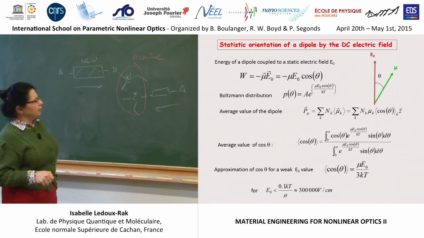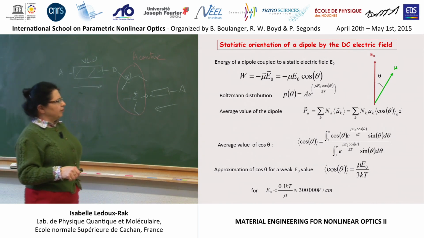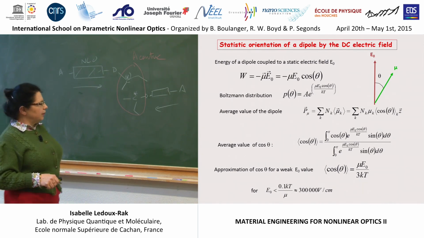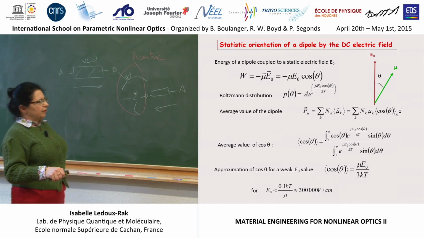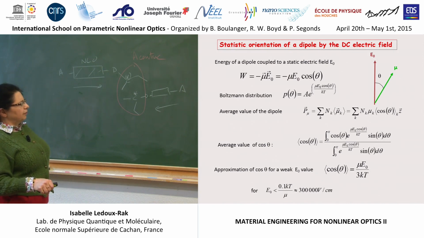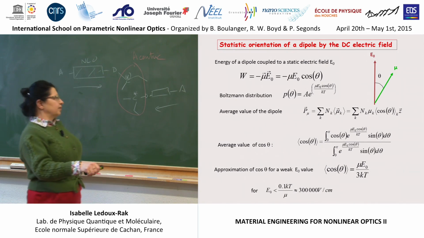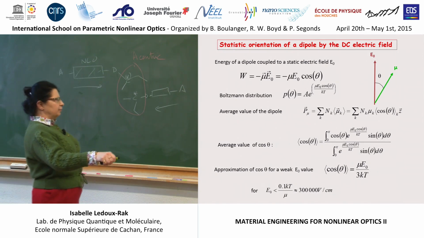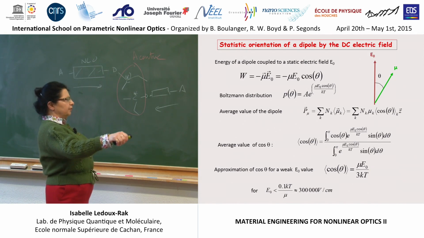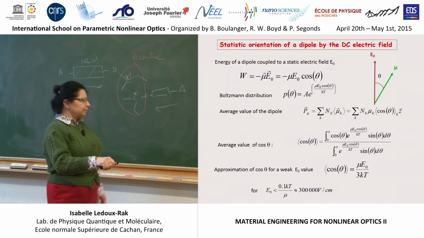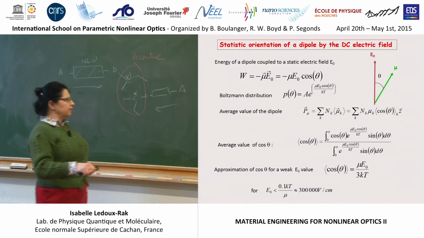So in this case, we can calculate the average value of the macroscopic dipole induced by poling, but we have to calculate the spatial average value of cosine theta. This is the process: you have to make a spatial average by taking cosine theta, weighting by the probability of orientation with respect to theta, and integrating over all spatial orientations.